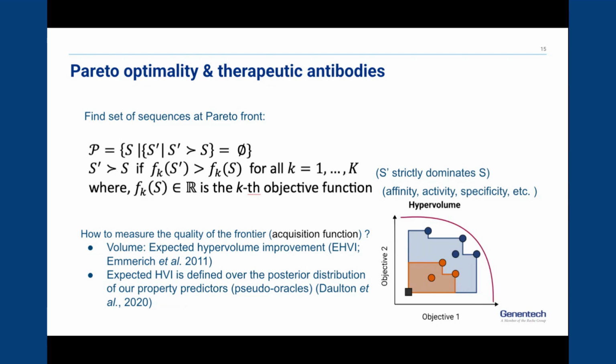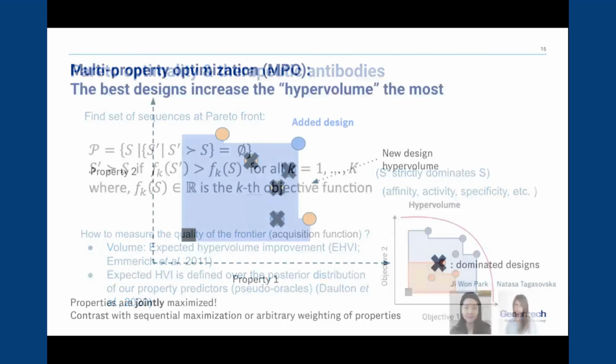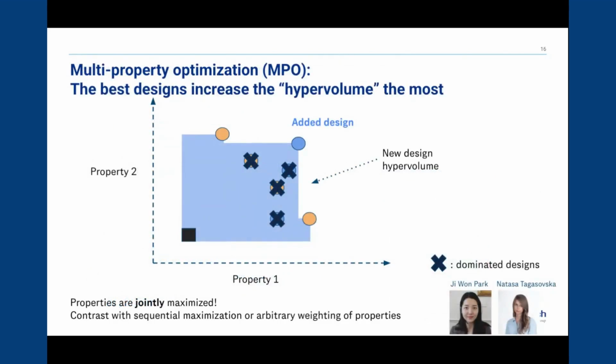The acquisition function that we use for these purposes is called expected hypervolume improvement. This is the indicator we're trying to optimize from round to round. And here is a very easy way to explain this. This is work by our colleagues from Prescient, Jiwon and Natasha.